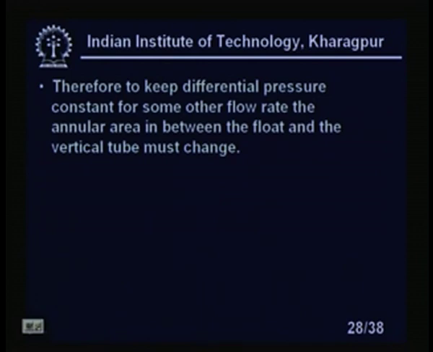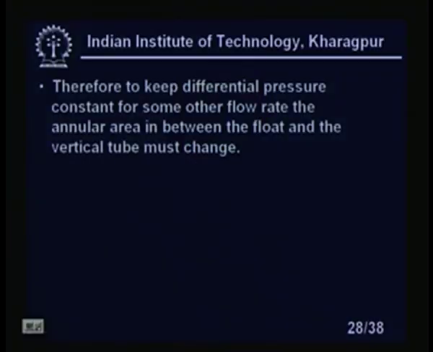The drag force must be constant because Fw equals Fd plus Fbuoyancy. The weight must be counterbalanced by the buoyancy and the drag force. So, the drag force must be constant.